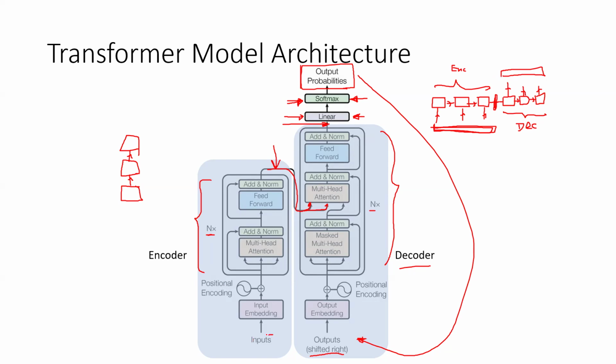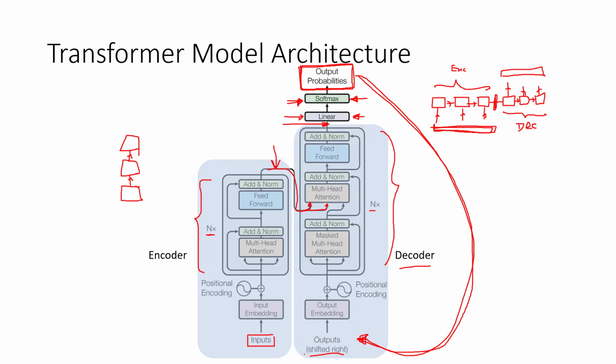So you give the inputs in this location and the outputs are generated in this location. Because the words are generated one by one, when a certain word is generated, that particular word is appended to the output of this decoder, which is known as the shifted right output.